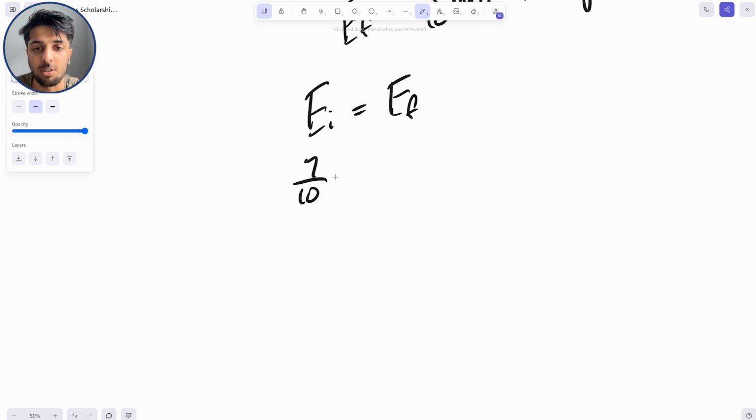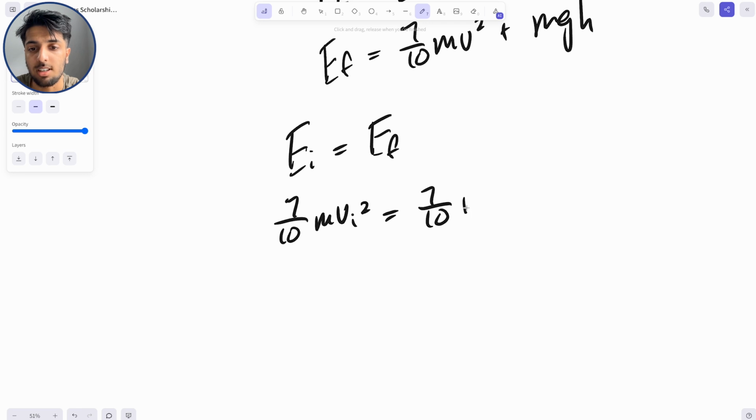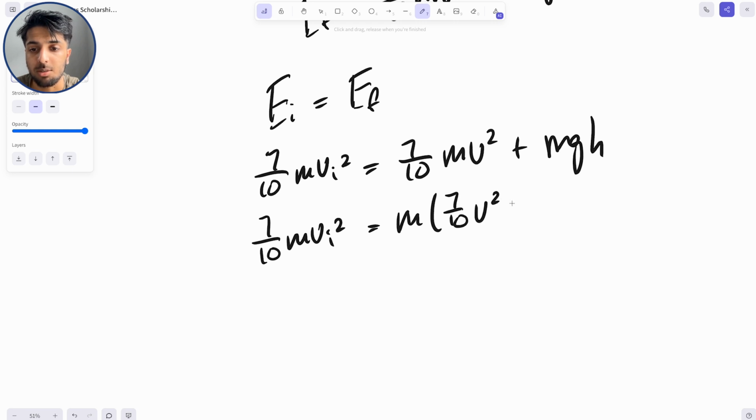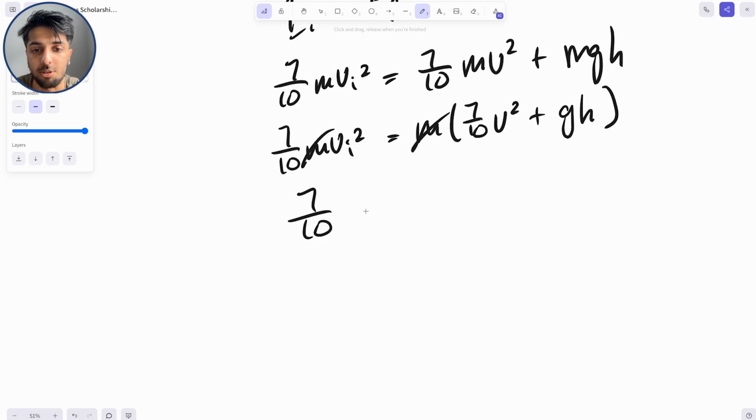So our energy initially is equal to our energy finally. So 7 over 10 mvi squared is equal to 7 over 10 mv squared plus mgh. Taking out our mass as a like term, we can say 7 over 10 mvi squared is equal to m times 7 over 10 v squared plus gh. Now we can cancel out these m's, and we get 7 over 10 vi squared is equal to 7 over 10 v squared plus gh.